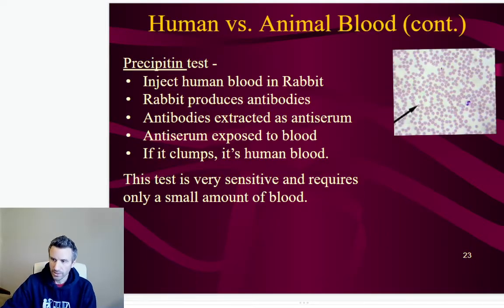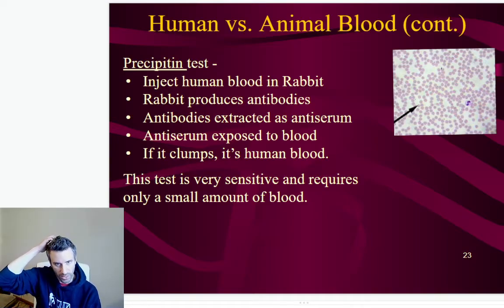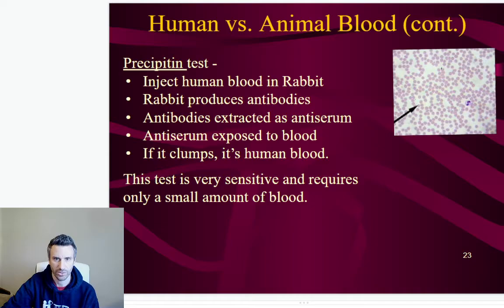And then lastly, let's look at the precipitin test. This is something that can help determine whether it's human blood. They inject human blood into a rabbit, and the rabbit will produce anti-human antibodies. The antibodies are extracted, and then the anti-serum is put in with the blood, and if it clumps, it is human blood, because it is anti-human serum.